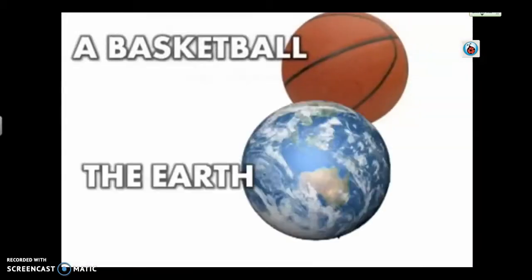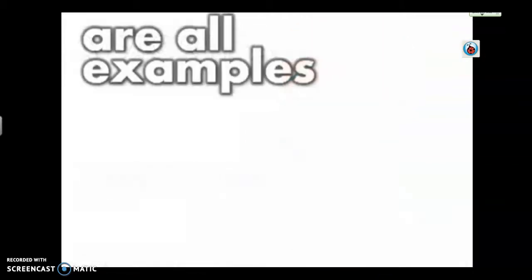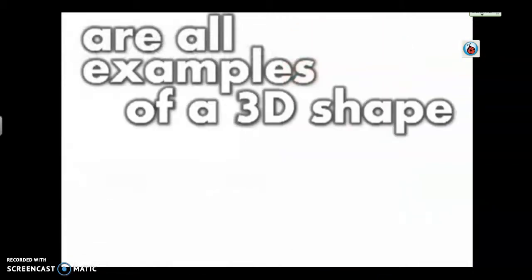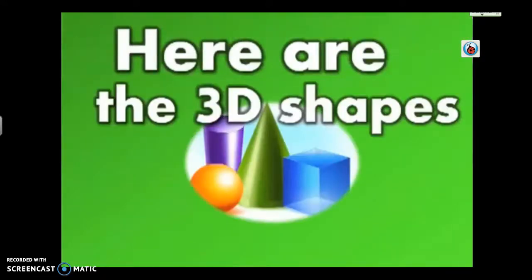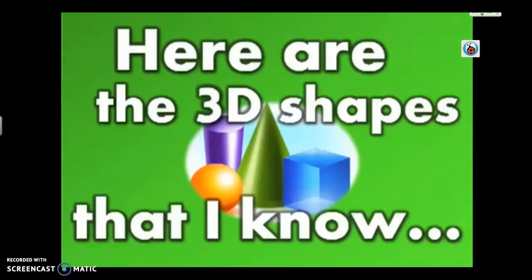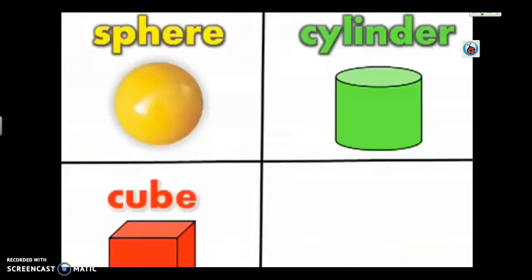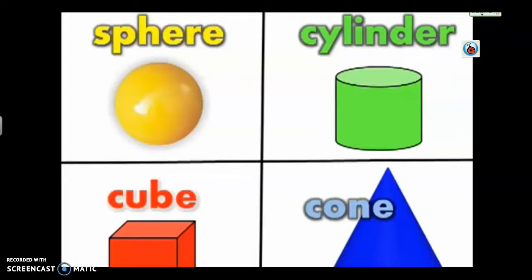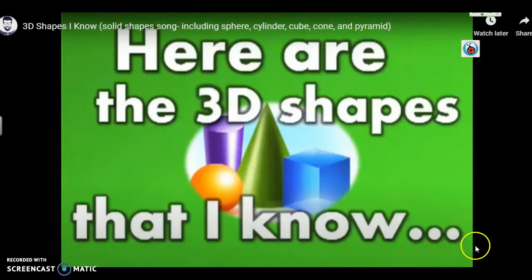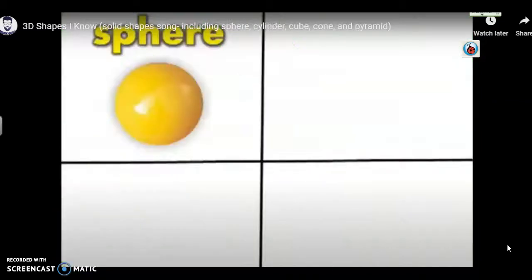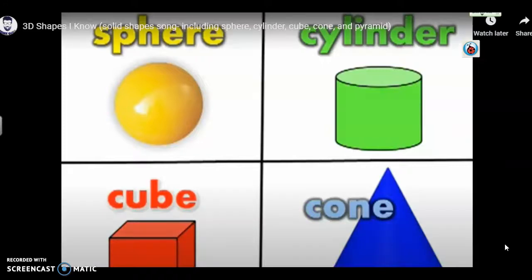A basketball, the earth, and marbles I have here are all examples of a sphere.